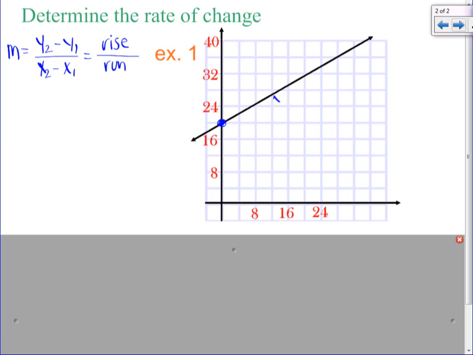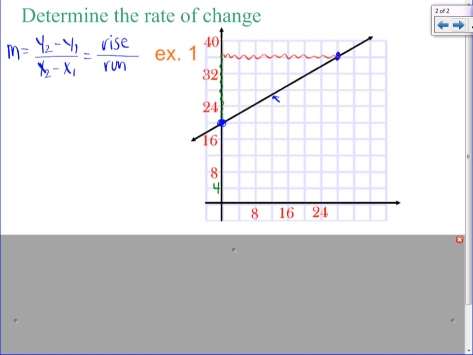Why would I not pick this point right here? Yeah, we don't know exactly what number it's going through, but it does look like if we go here, it's going exactly through that point. So if we count the rise and the run, so the rise being this amount, and the run is this amount, what two numbers do we have? What's the rise? Now, how much is each blue line? Okay, so each blue line is 4 units.